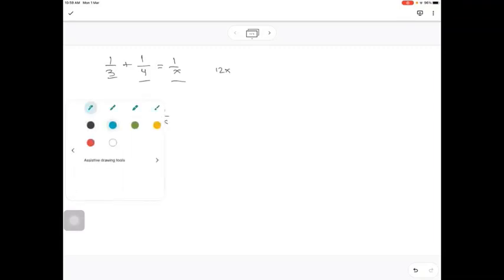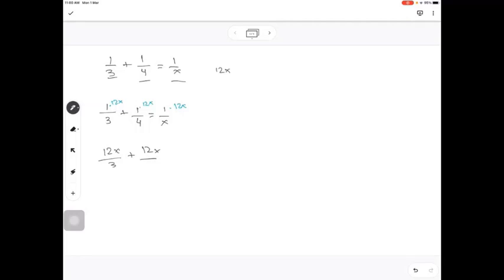We need to multiply each term by the least common denominator, 12x. Now we will get 12x over 3 plus 12x over 4 equals 12x over x.